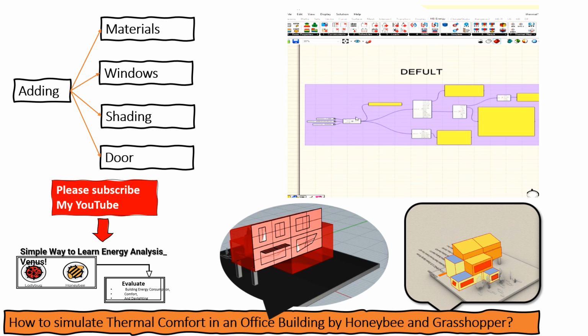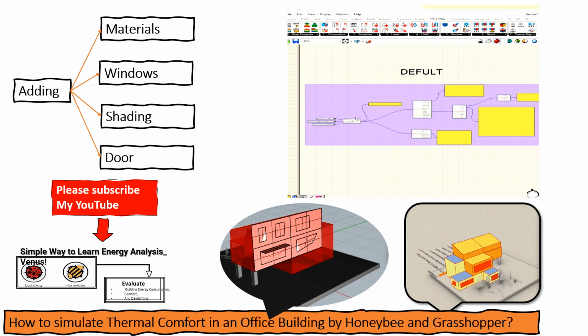solve the problem. So, for example, thickness, conductivity, density, roughness, and other information that we need to know about the types of the layers that we are using as one of the layers of our wall.